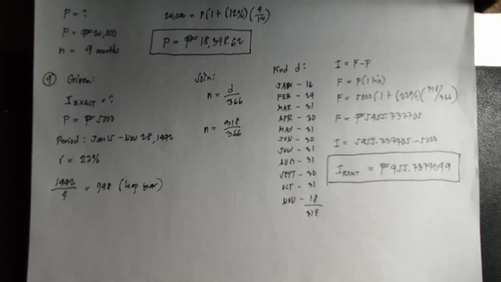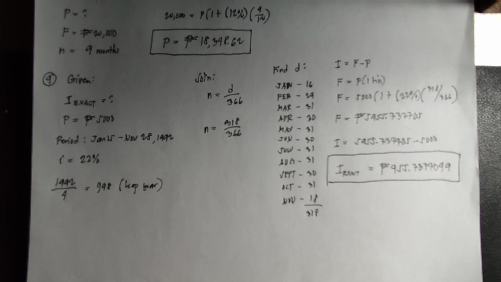Then we will add them all, or add the number of days. So you'll get 318. Since we got 318 and we are looking for an exact interest, we will use 366 days as our denominator. So our n is equal to 318 over 366 days.